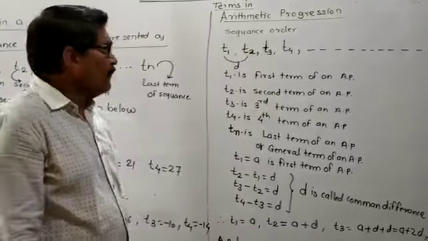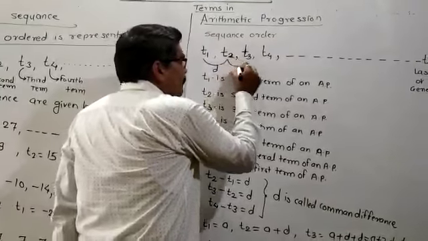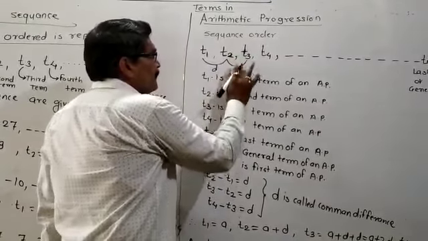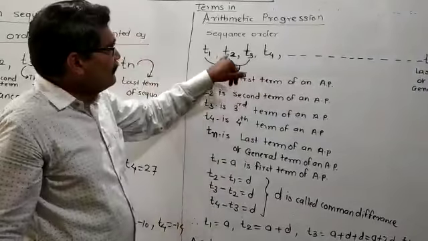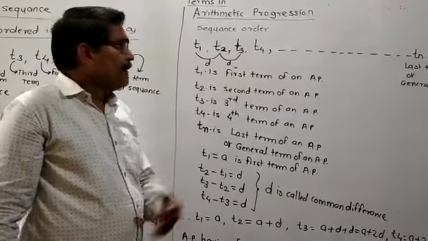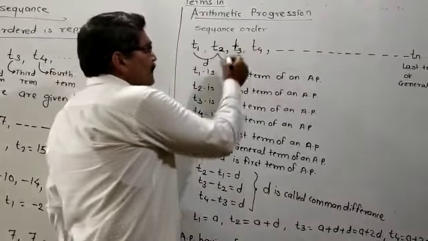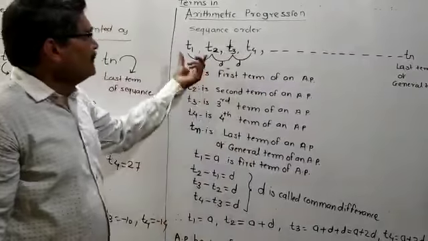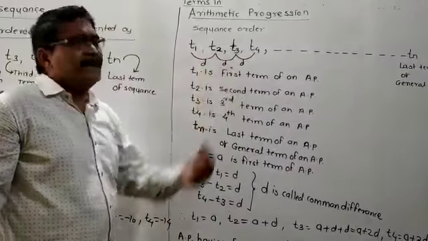When you add the common difference d to T2, T3 will come: T2 plus d is equal to T3. Then T4 is equal to T3 plus d. That means you have to add the common difference.